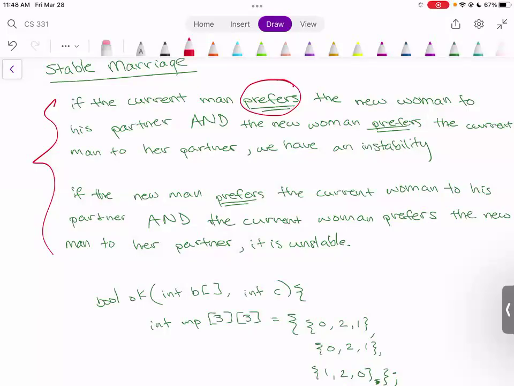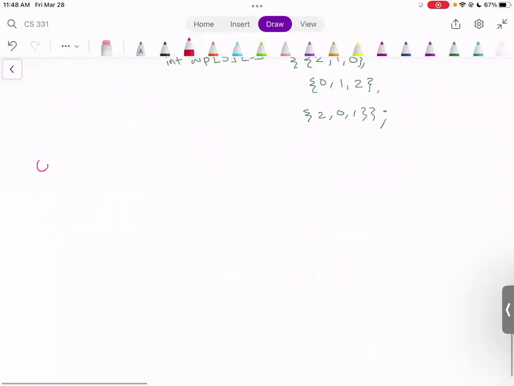If you rank somebody as 0, you want them the most. Yeah, 0 is the best, exactly. If you rank somebody as 2, you want them the least. I know it's a little inverted, but that's just how the code works. So I can write that down here. 0 is best, 1 is medium, 2 is worst.